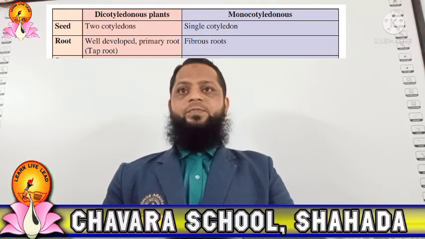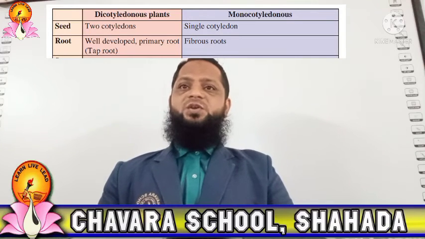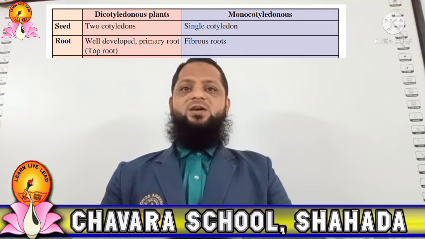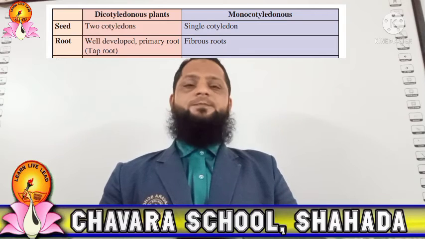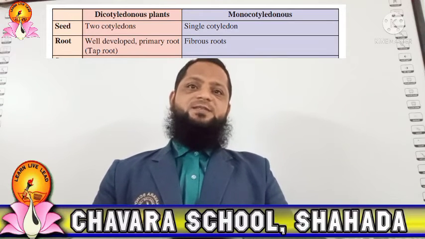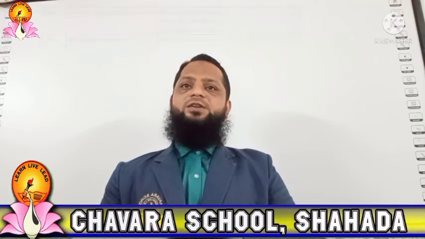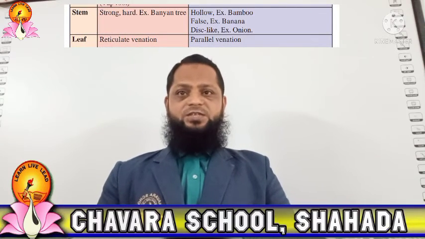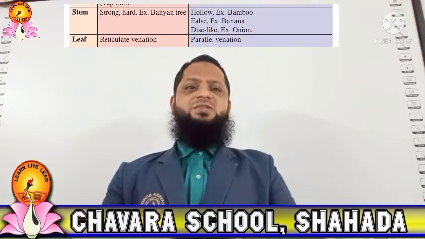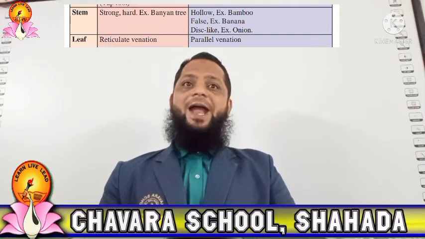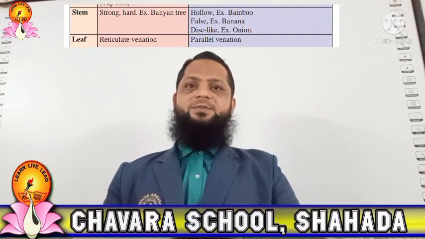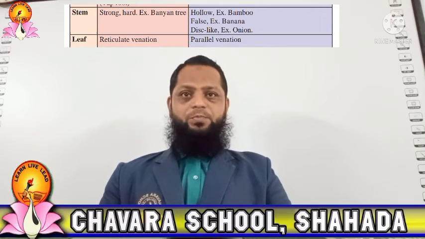In dicotyledonous plants, the roots are well developed, or primary roots are present. In monocotyledonous plants, a fibrous root system is present. The stem of a dicotyledonous plant is strong and hard. An example is the banyan tree. In the monocotyledonous plant, the stem is hollow like bamboo.